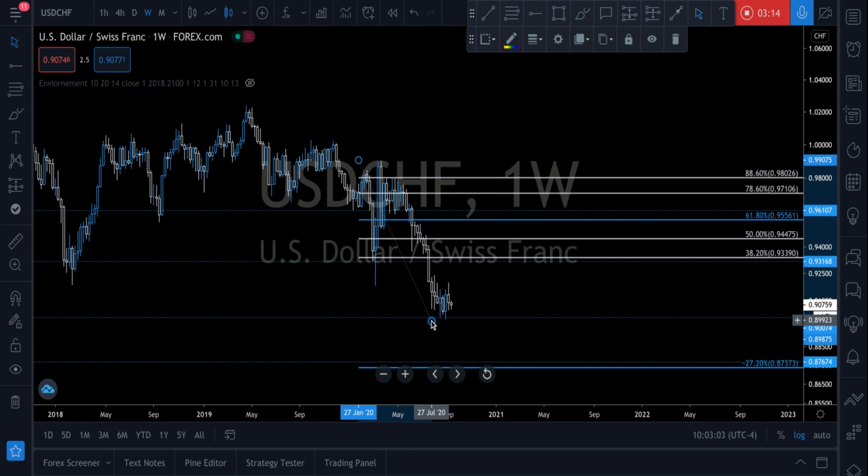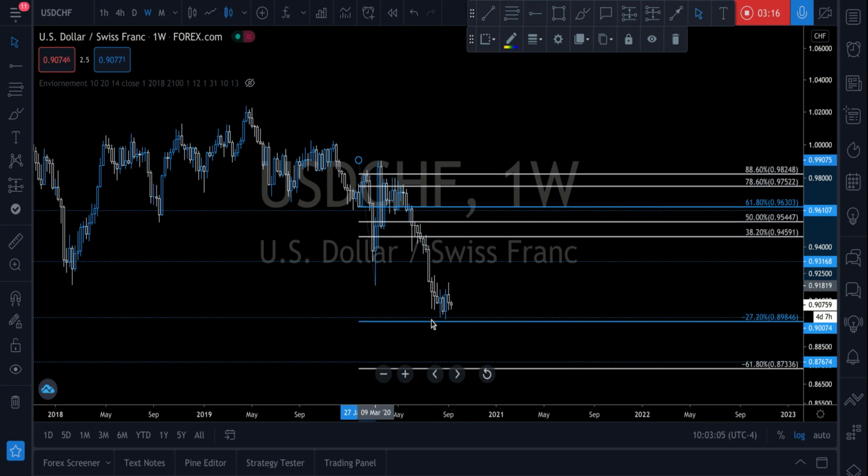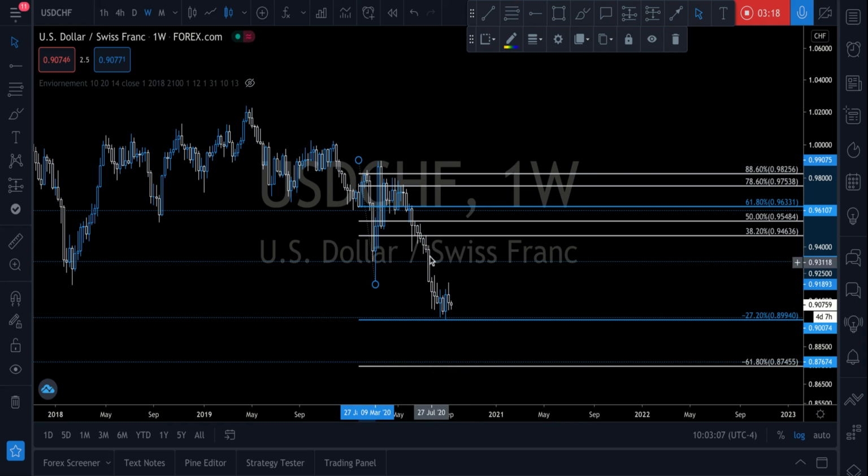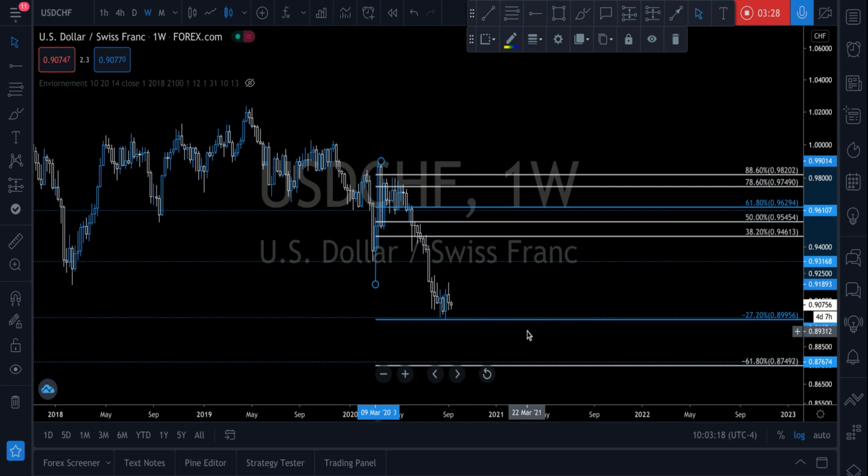However, remember, if we're ever trying to get information of a certain leg, we need to take information from the previous leg. So if we want information on this leg, we need to take information on the previous leg. And the way we do that, because we're extending beyond, we're not doing a retracement, we're extending, obviously we're going to use an extension tool.